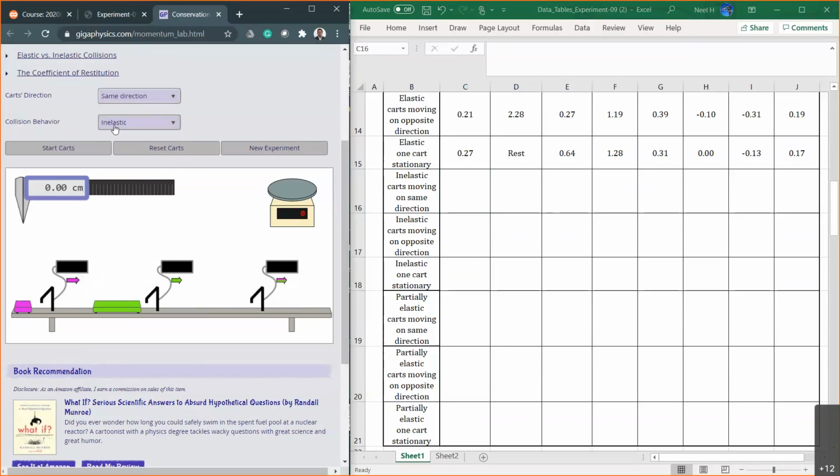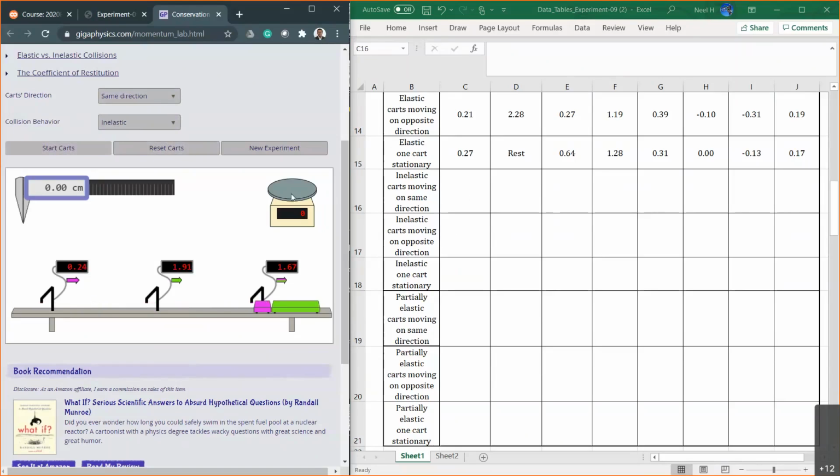So, already inelastic, same direction, our next case. Start the carts. You can see both carts move initially. After collide, let's reset and then do it again. After collide, you can see 2 carts connect together as a single cart. Now it's moving as a single object after collision.